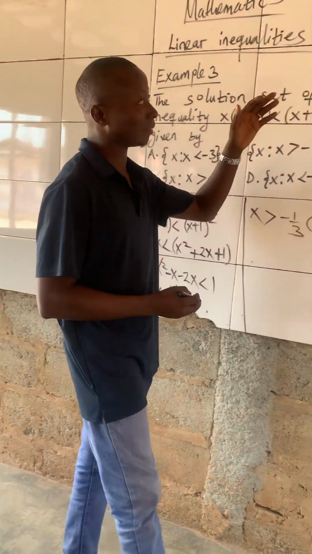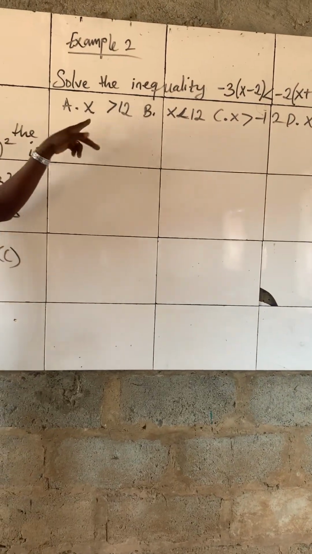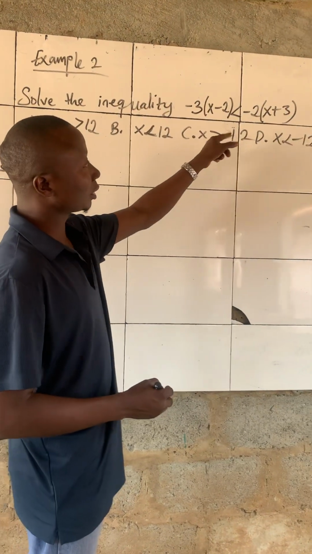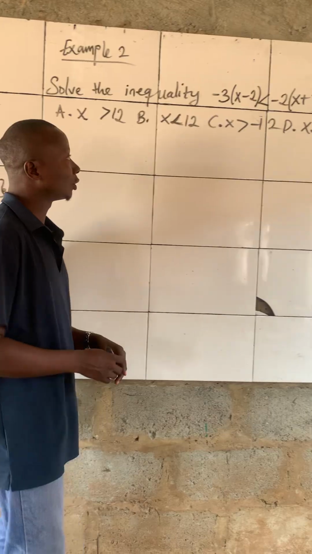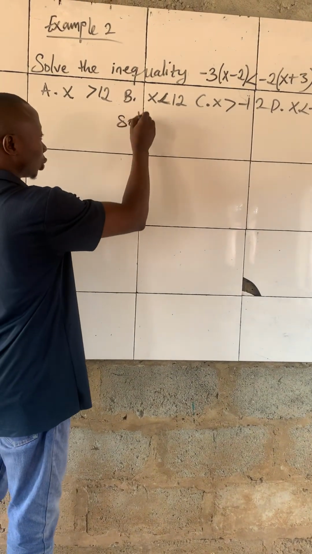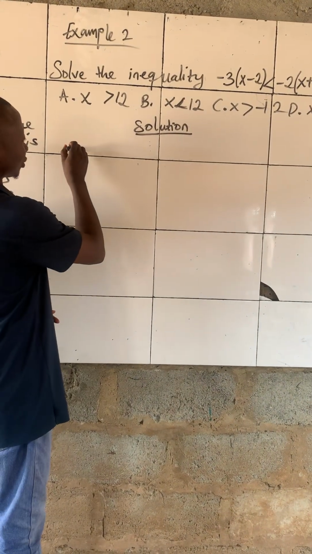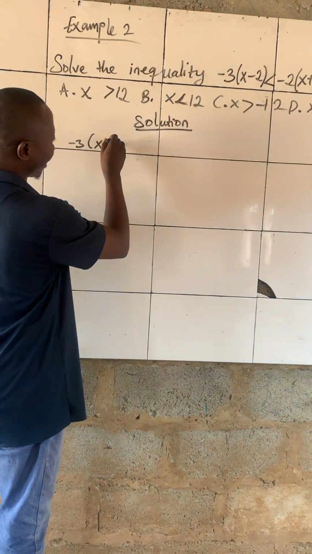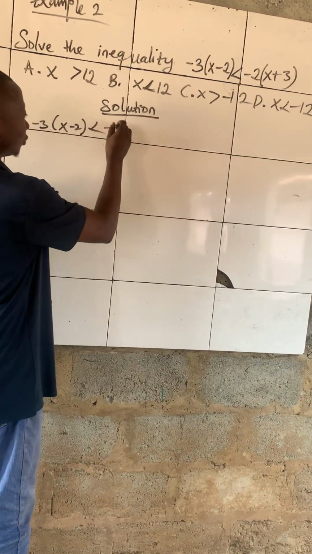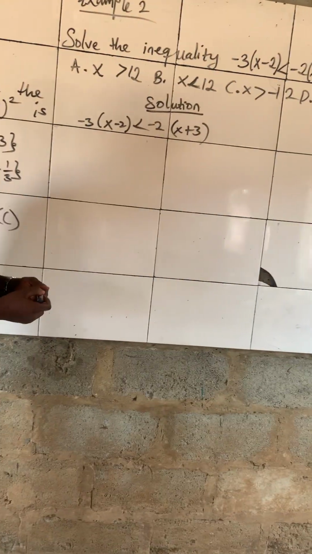So let's see another example to buttress the explanation. Solve the inequality -3(x - 2) < -2(x + 3). So here are the options. Let's solve. We have -3(x - 2) less than -2(x + 3).